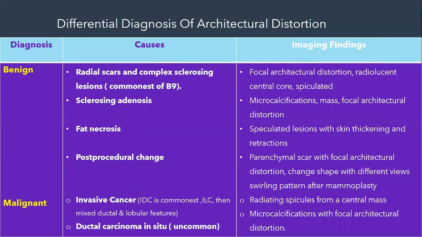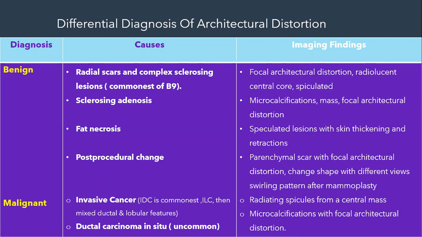And specifically for mammoplasty, we said it has a characteristic swirling pattern in the inferior aspect of the breast. Centrally, the skin has a wavy appearance, and the nipples are lifted up.